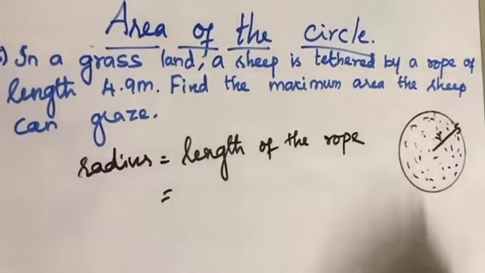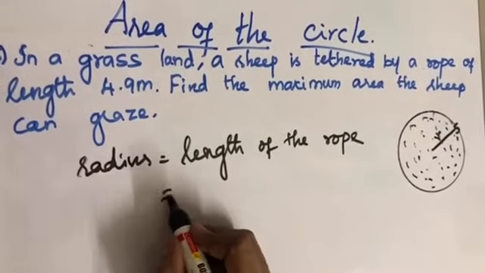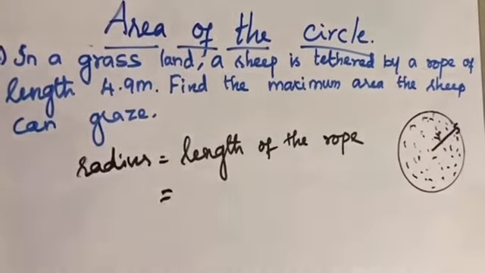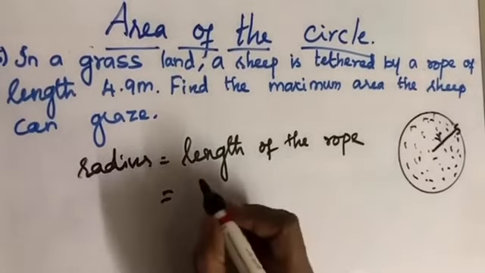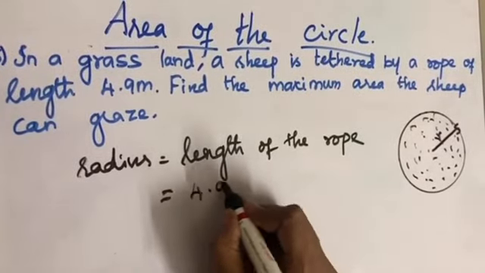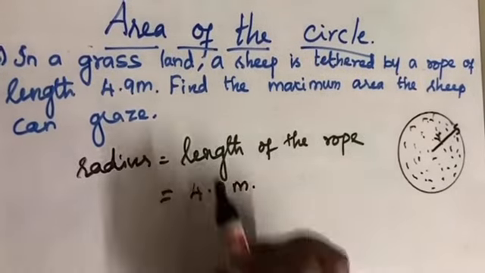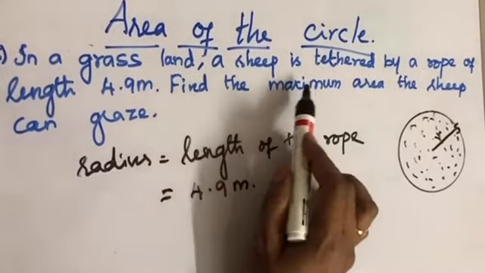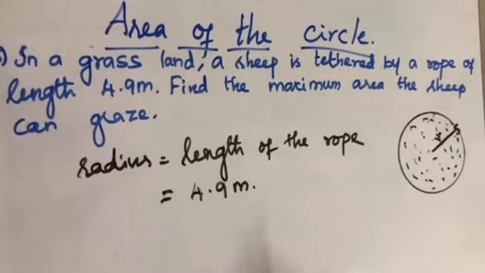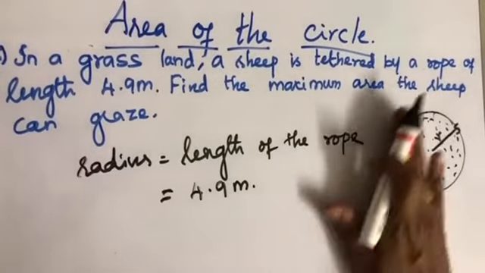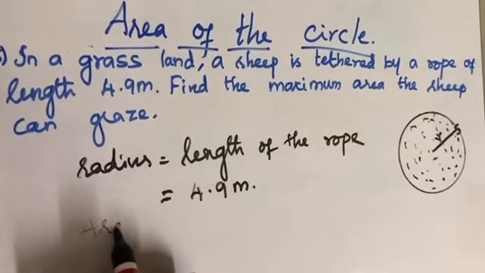They tie the animals like this and leave, and it eats all the grass in that place and rests, right? So length of the rope is 4.9 meter. Now what is asked? Find the maximum area the sheep can graze. So what is the maximum area? It can graze anywhere fully. So we have to find the area.